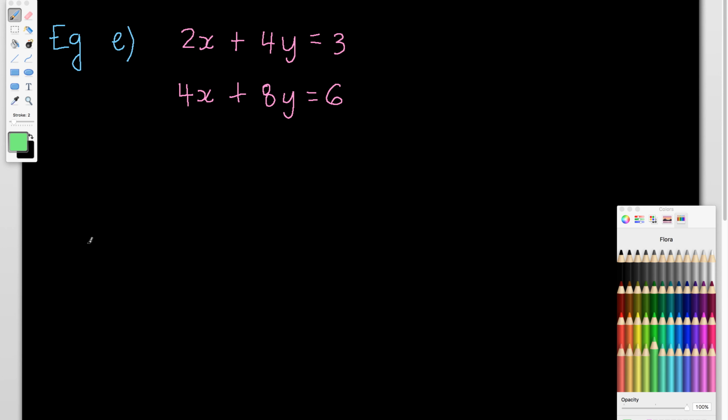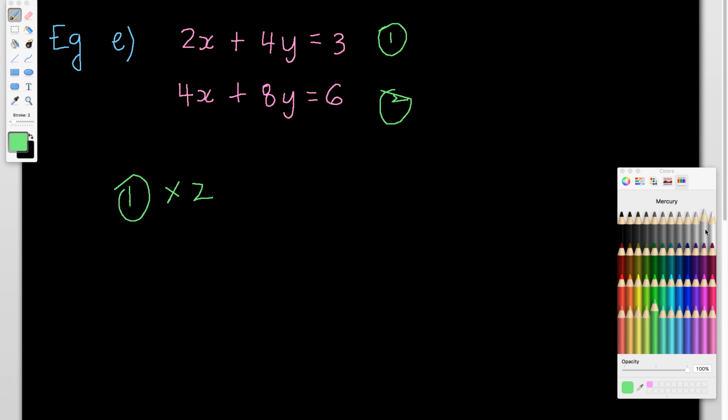I just wanted to mention that with this example, because if I attempt to solve these, say I called that equation 1, that equation 2. I take number 1, times it by 2, so that I can get the 4x here. What you're going to find is you actually get the same line.